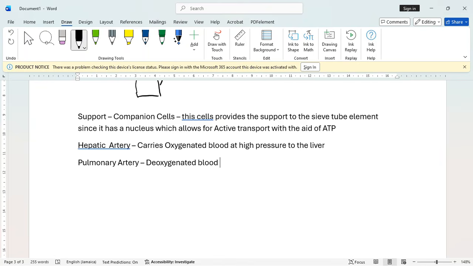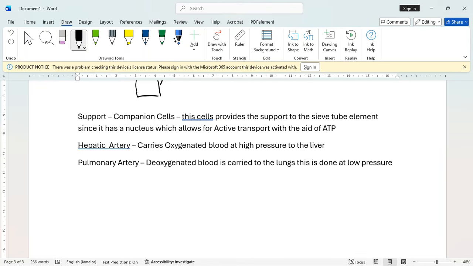It is the only artery that carries deoxygenated blood. And where is this deoxygenated blood heading? The lungs. Why is it heading to the lungs? To be oxygenated. Now, this is done at low pressure.